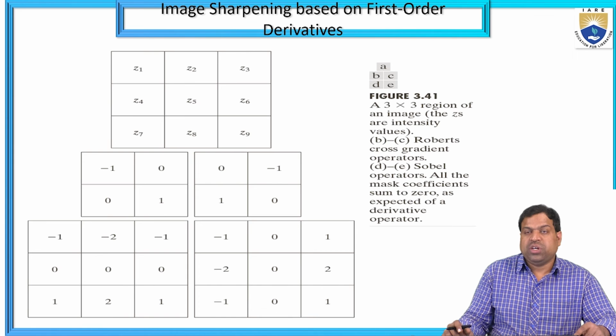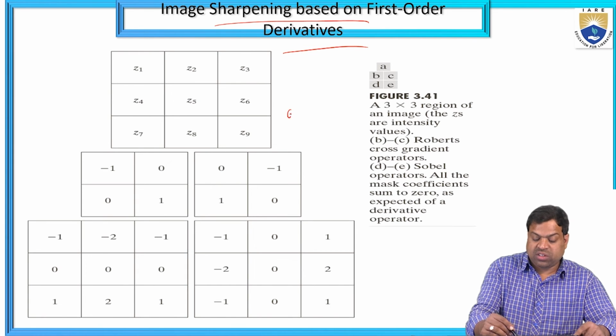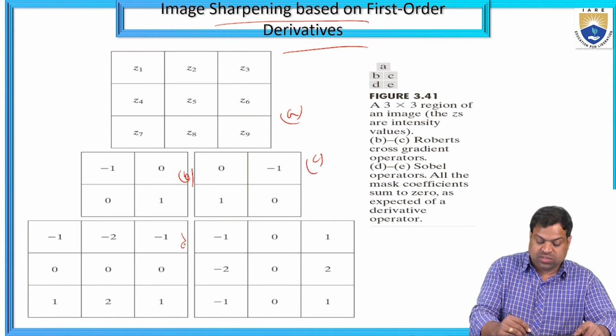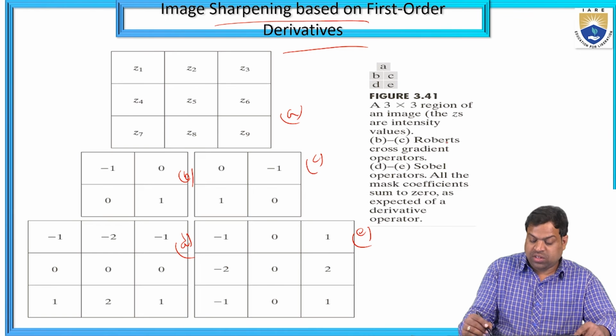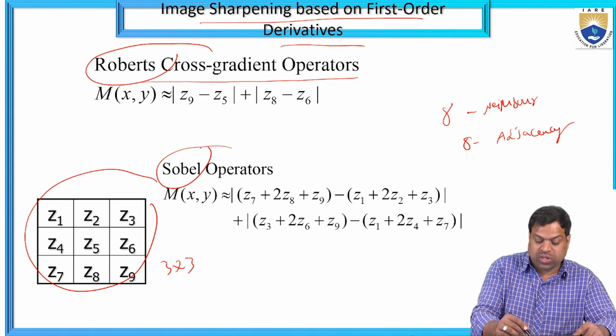Another example of image sharpening based on the first order derivative. Here, image A is a region of an image with z intensity values, B and C show the Roberts cross gradient operator, and D and E show the Sobel operator. We already know the Roberts and Sobel operators.